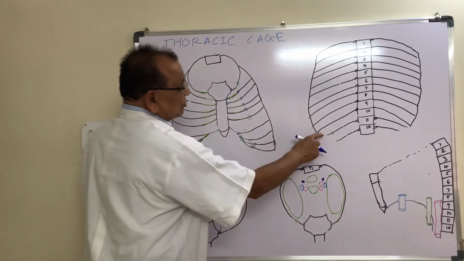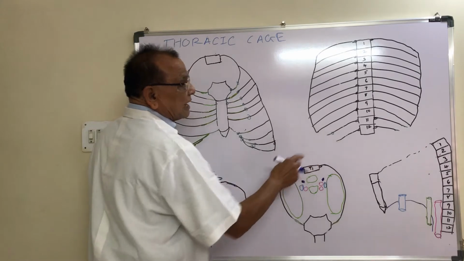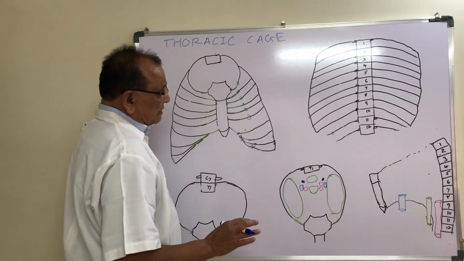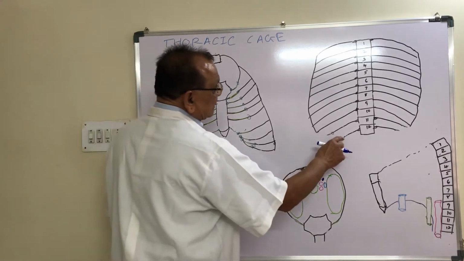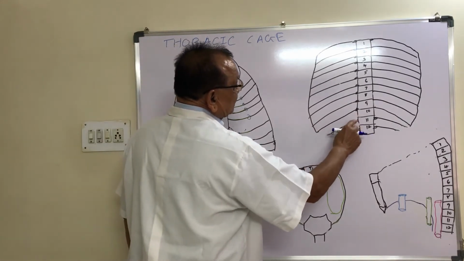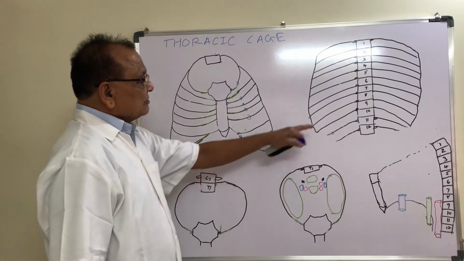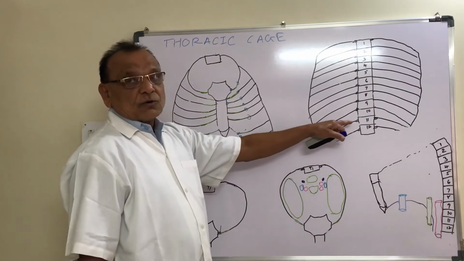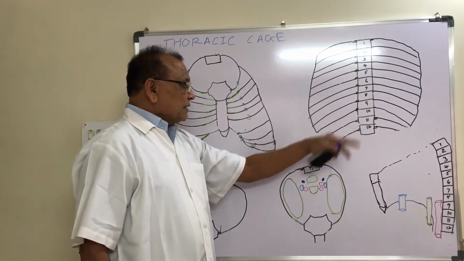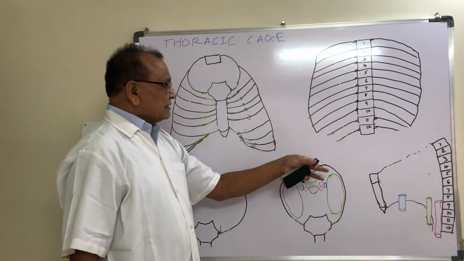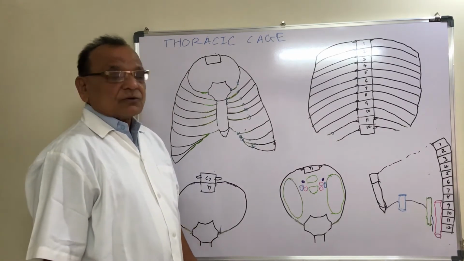The costal cartilage of 11 and 12 is free and does not articulate with any bone. That is why the 11th and 12th ribs, which articulate only posteriorly with the thoracic vertebrae, are called vertebral ribs, but they are more popularly known as the floating ribs.